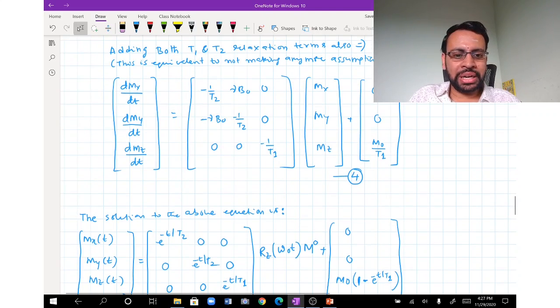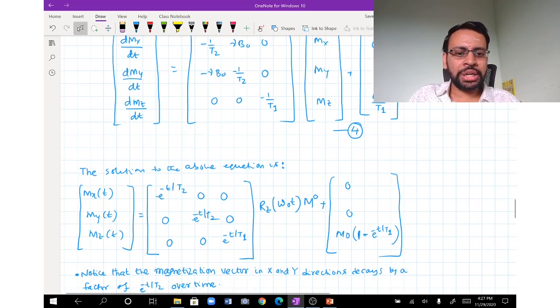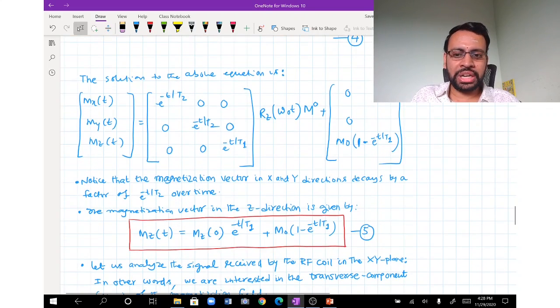And while you are taking derivatives, this would eventually be equivalent to m naught into 1 minus e to the power of minus t over T1. So this is the expression that you would be getting here.